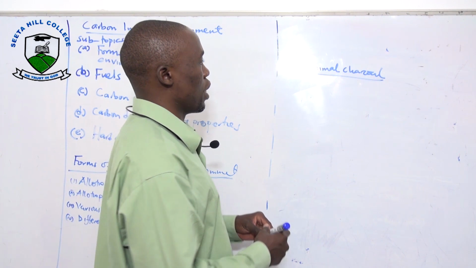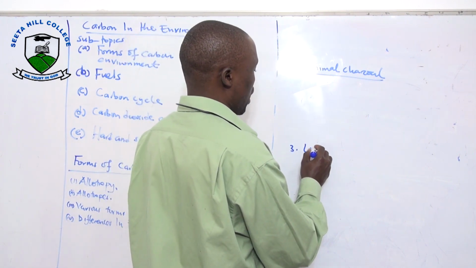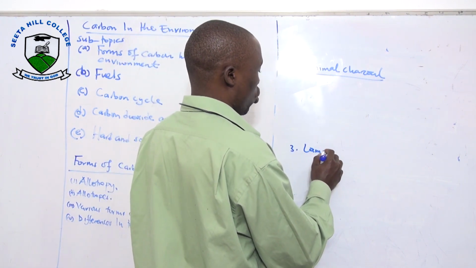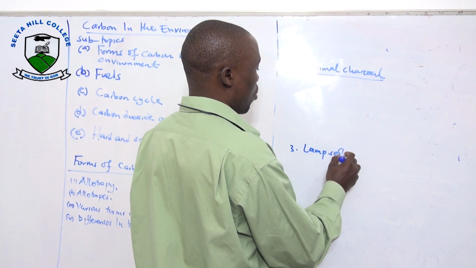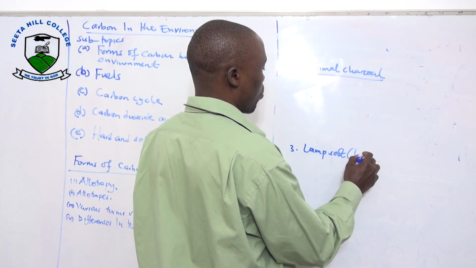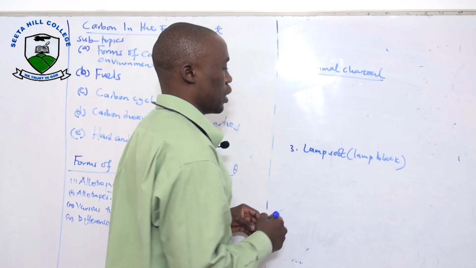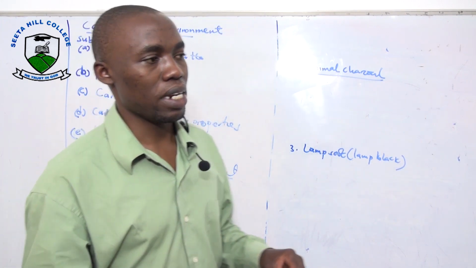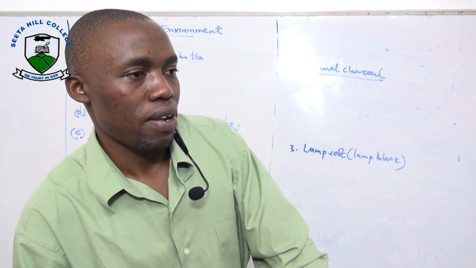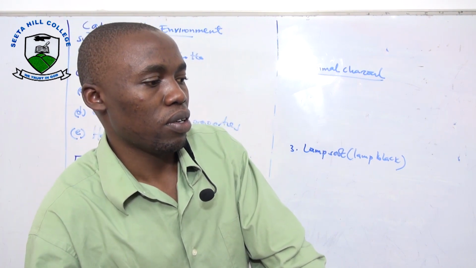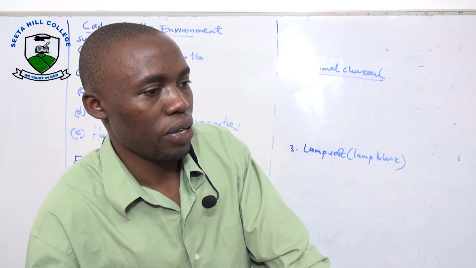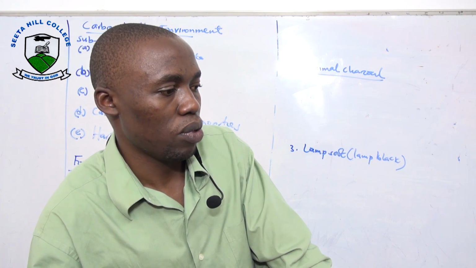I want you to read about coal. Lamp soot, or we call it lamp black, is got by burning what? Petroleum oils or fuel.